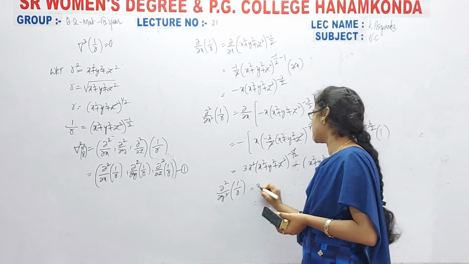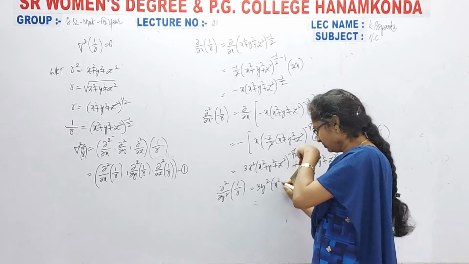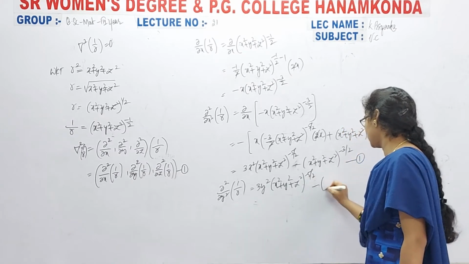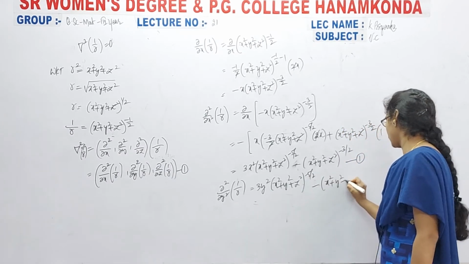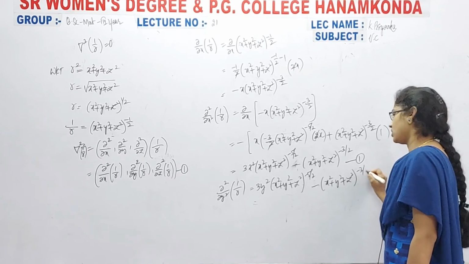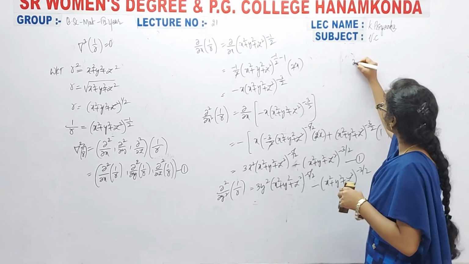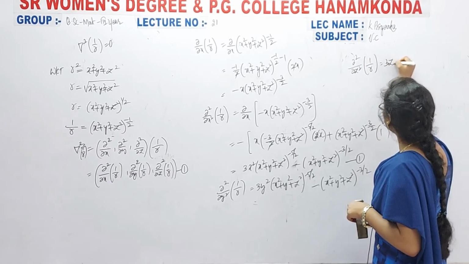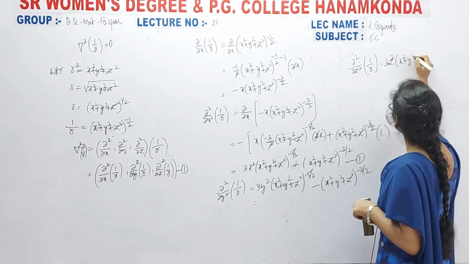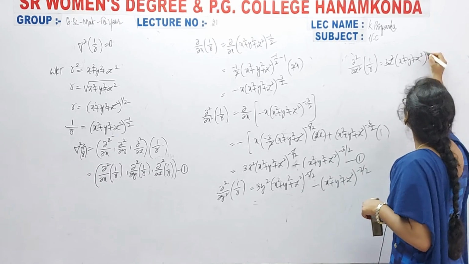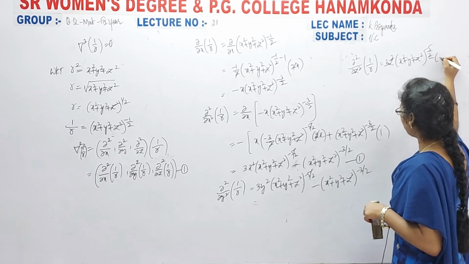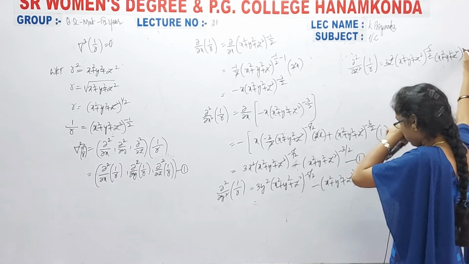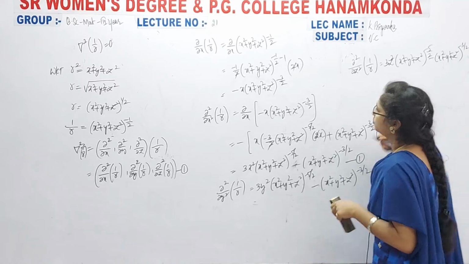So you will get it as nothing but some 3y square of, and next final value is dou square by dou z square of 1 by r is equal to 3z square of x square plus y square plus z square whole to the power of minus 5 by 2 minus x square plus y square plus z square whole to the power of minus 3 by 2. We will get like this.